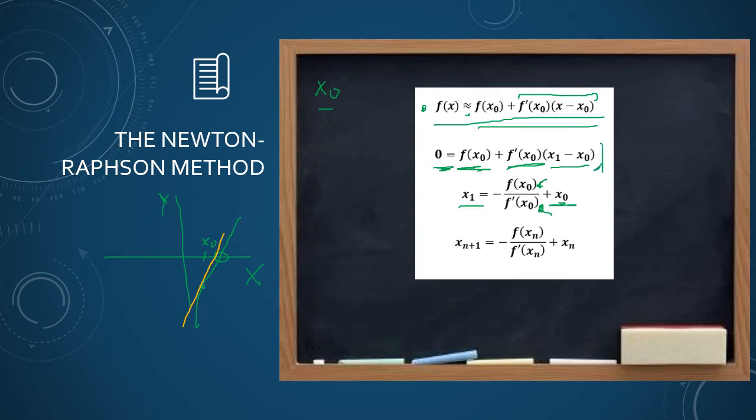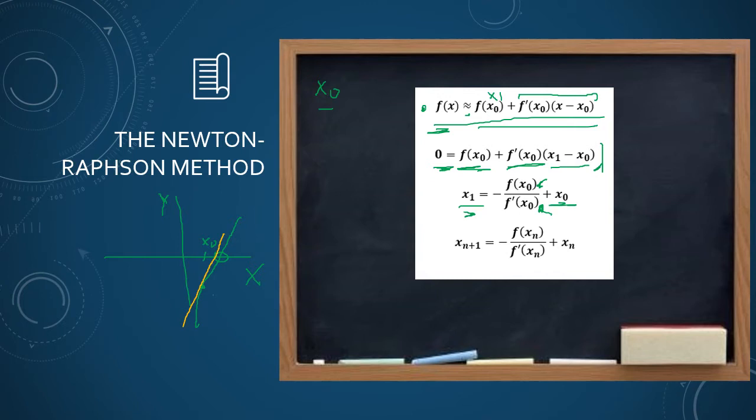So now we can do this again. We can take our x1 and expand our function about x1 instead of x naught, and do the entire process over again.